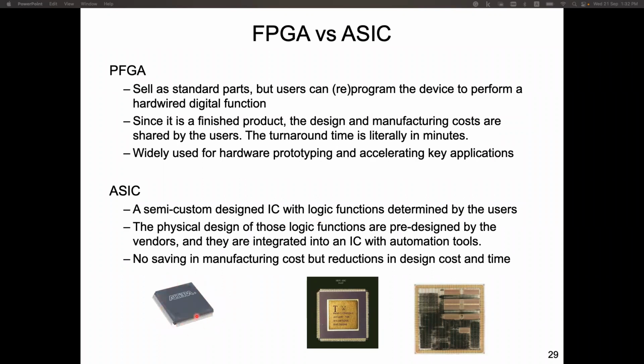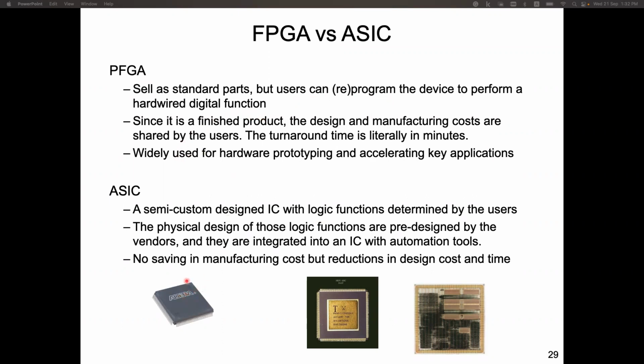Here shows an FPGA. It's an IC. It's sold as standard parts, but users, or you, can program or reprogram the device to perform a hardwired digital function.